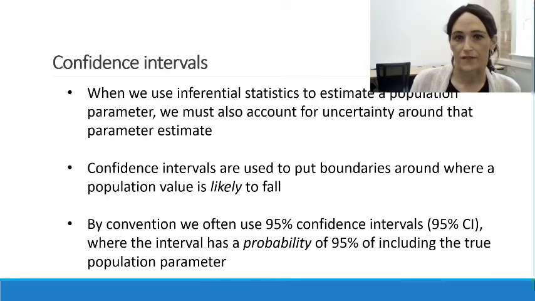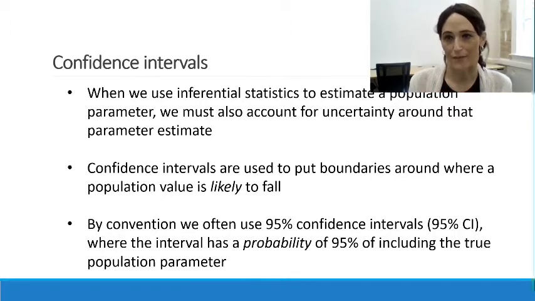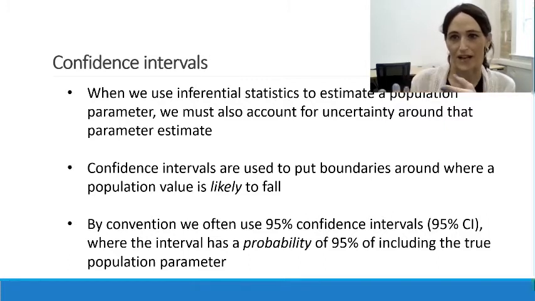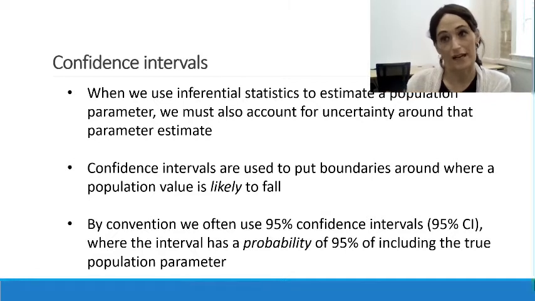So when we use inferential statistics to estimate a population parameter, we must also account for the uncertainty around that parameter estimate. Okay, so we don't want to state as fact that X% of the population has this. It's often better to have some kind of confidence interval around that estimate. If you look at the research literature, you'll often see a point estimate and a confidence interval. Usually it's a 95% confidence interval, which we'll talk about.